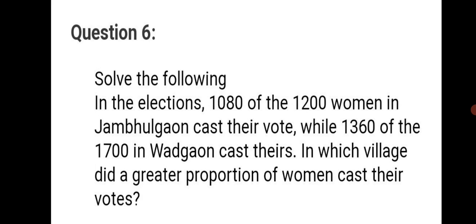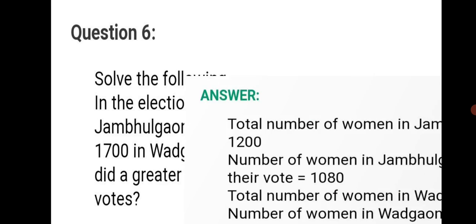Question number 6, the last question. In the elections, 1,080 of the 1,200 women in Jambulgaon cast their vote, while 1,360 of the 1,700 in Vadgaon cast theirs. In which village did a greater proportion of women cast their votes? So let's check out the statements first.